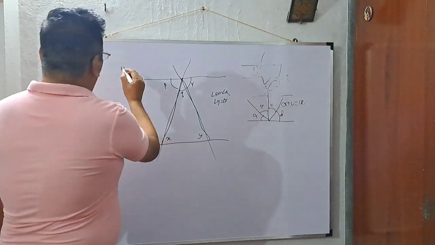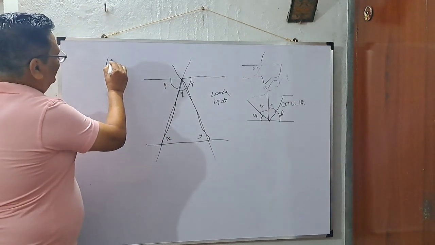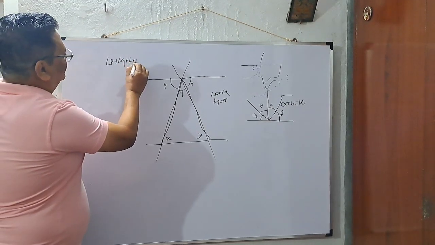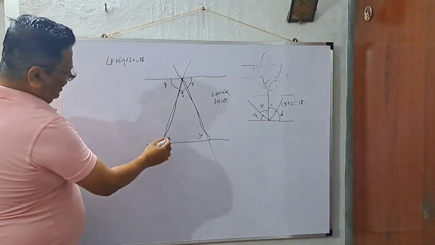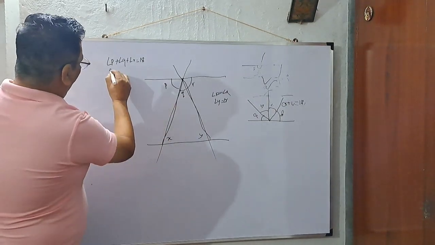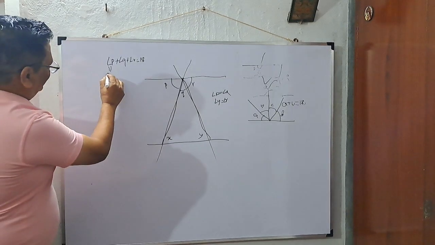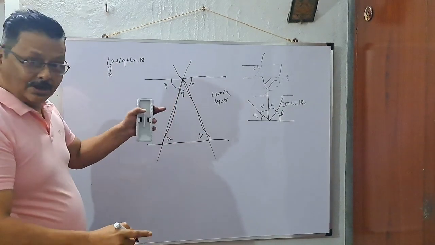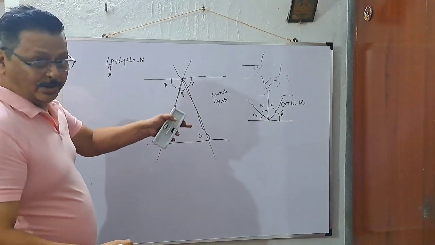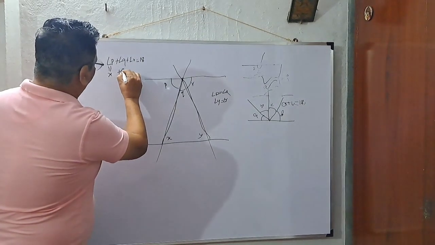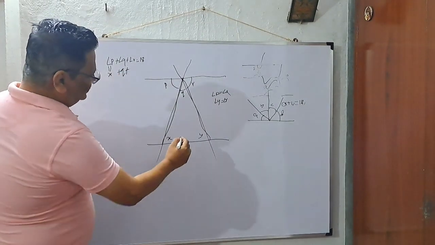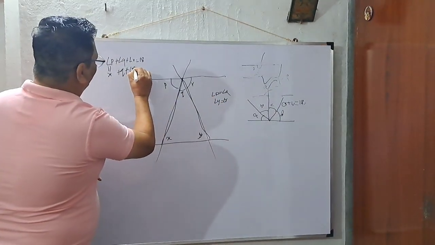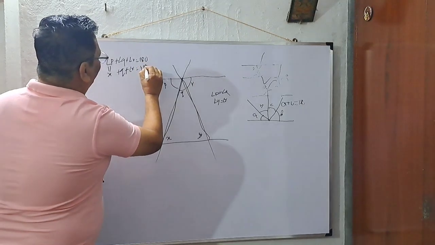Now, since angle P plus angle Q plus angle R is equal to 180 degrees, and we say X is equal to P, so in place of P we can write X. Correct? In place of Q, this is available in both, in the triangle, so this remains Q, plus R we said is equal to Y. There, see, angle R. So they add up to 180 degrees.